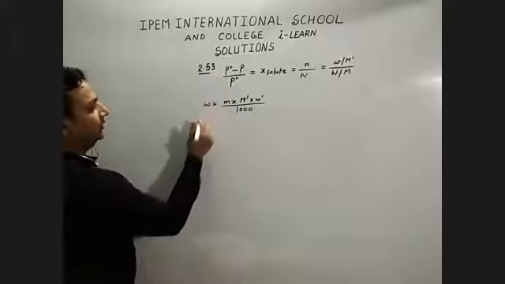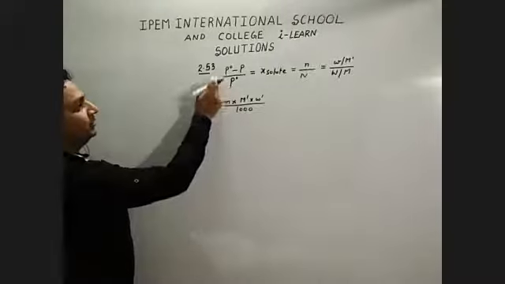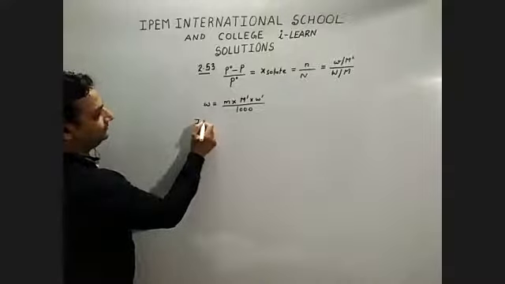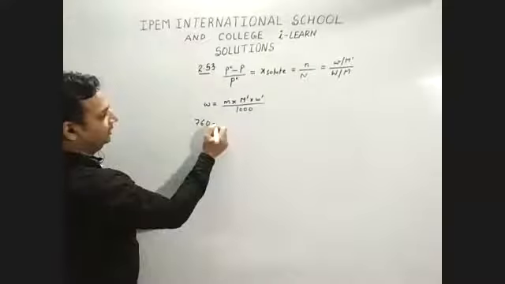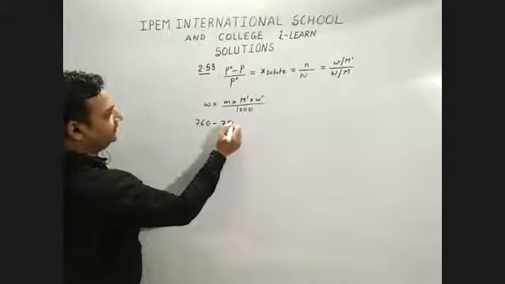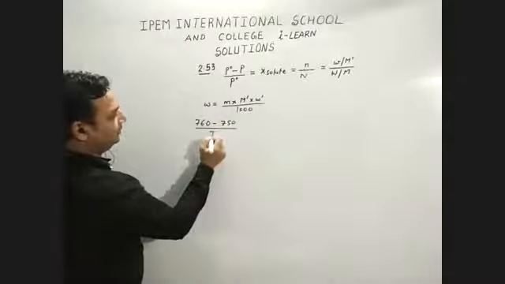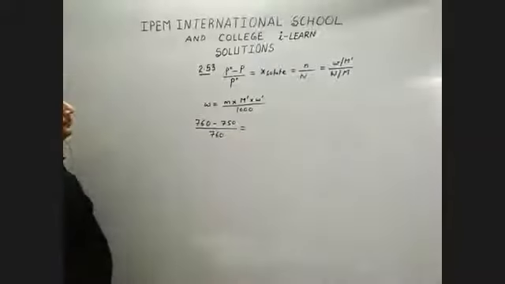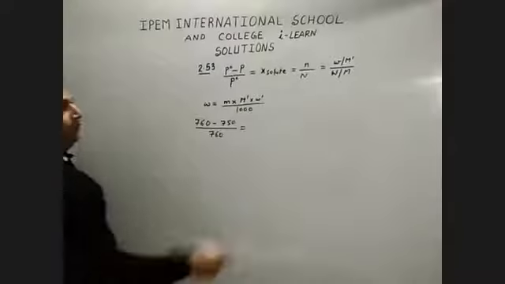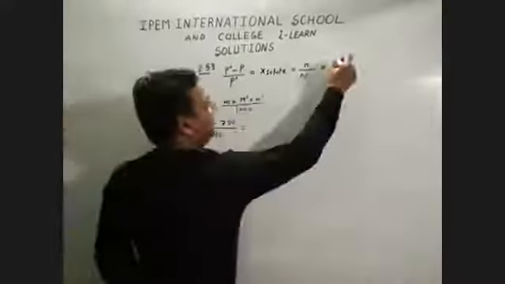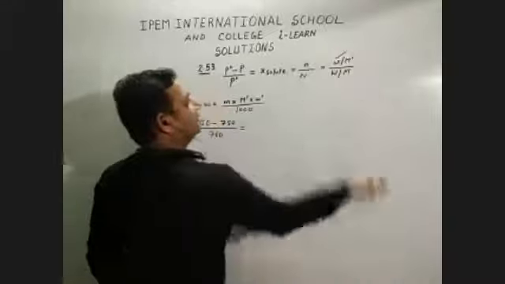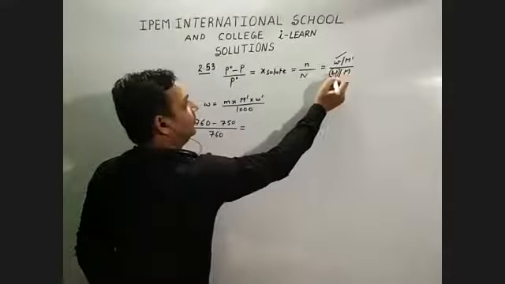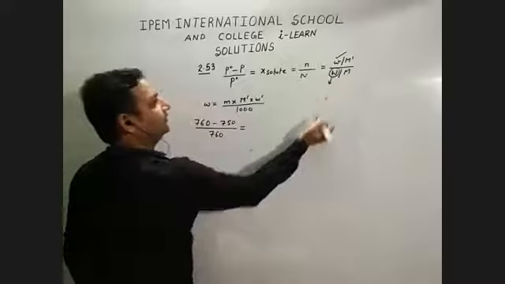So now P naught minus P upon P naught. P naught we have 760, P 750, upon 760 is equal to... we don't know two values now. Neither do we know the mass of solute, nor the mass of solvent.